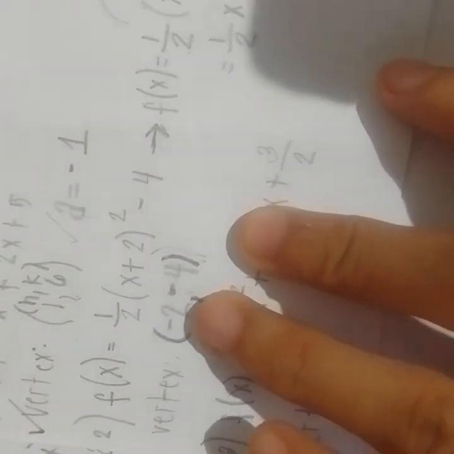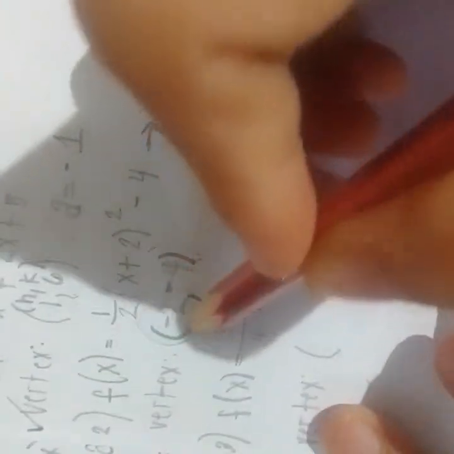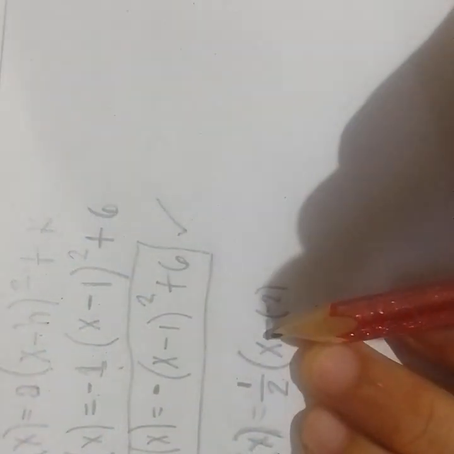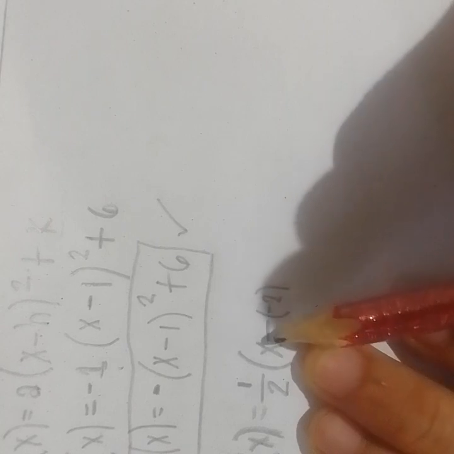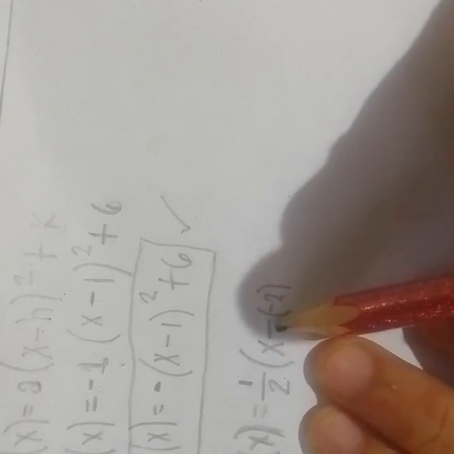Then next is x minus h. What is our h? It is the x coordinate of the vertex. That is negative 2. So here it is negative 2. I put parentheses because the negative sign comes in. Remember that it is x minus h in the format of the vertex form.